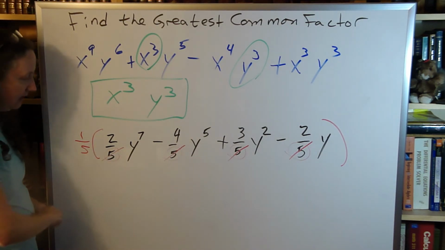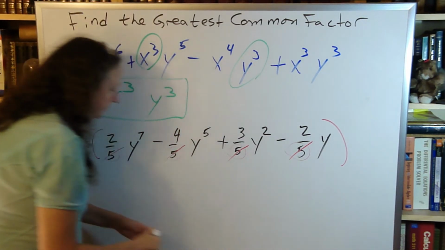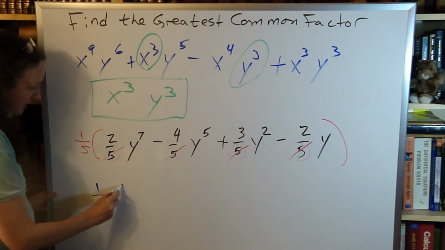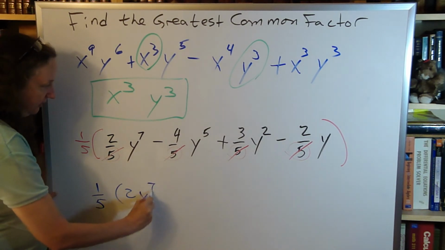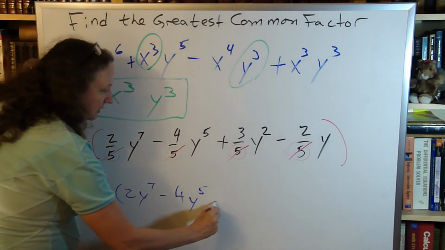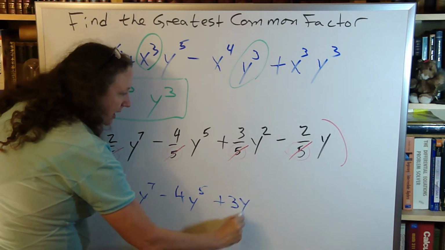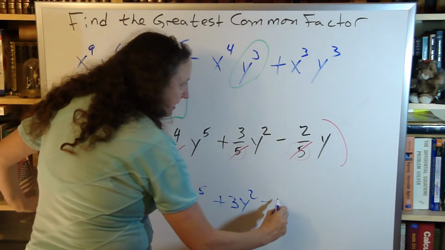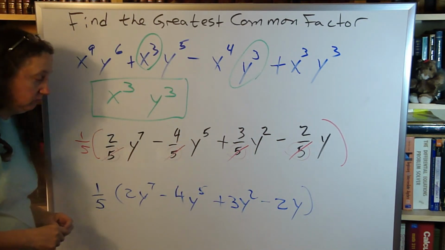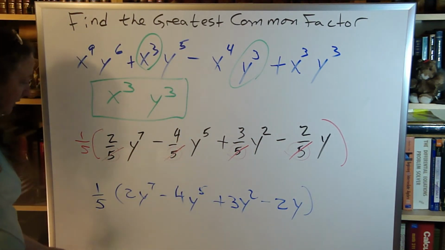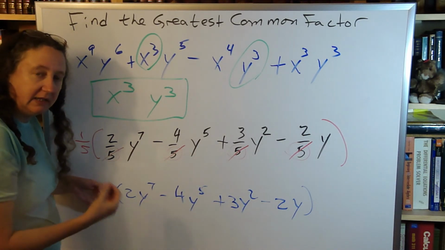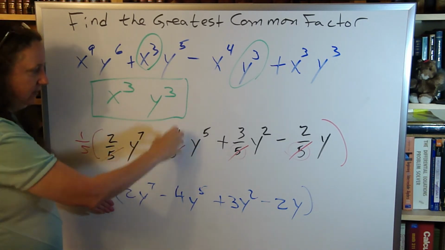So what I have now is 1/5 times 2y to the 7 minus 4y to the 5 plus 3y squared minus 2y. Not done yet. But looking at that, that is a lot easier to think about than fractions.